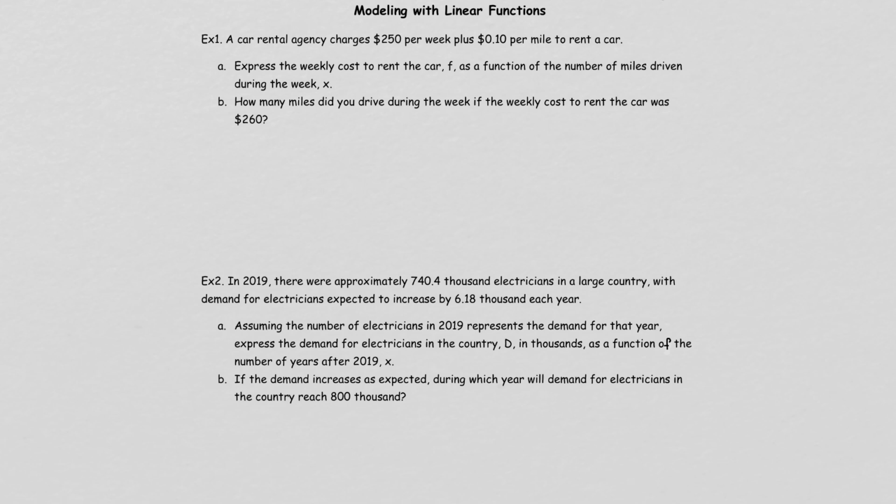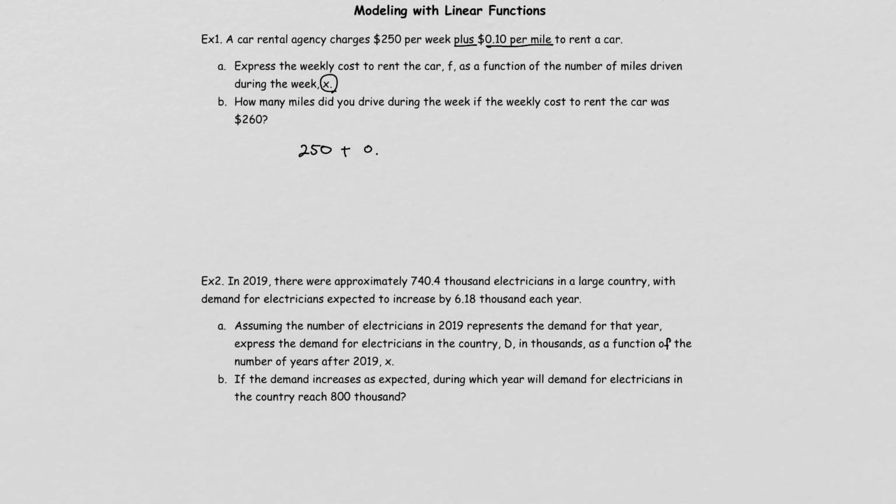The car rental agency charged $250, so that's the flat rate. So it will be $250, and then plus, you're going to add 10 cents per mile. 10 cents per mile means you're going to multiply by miles, and they want you to use x for miles.